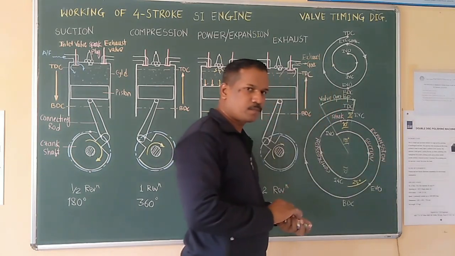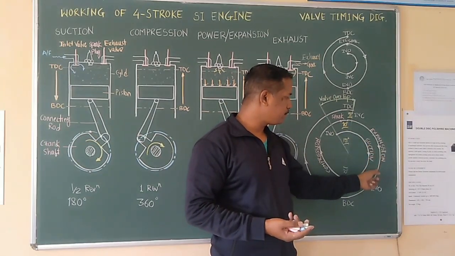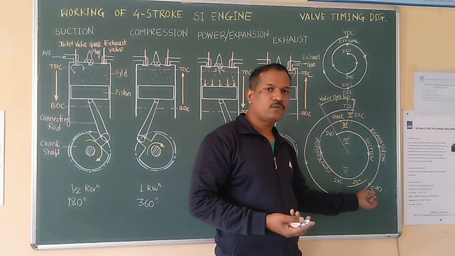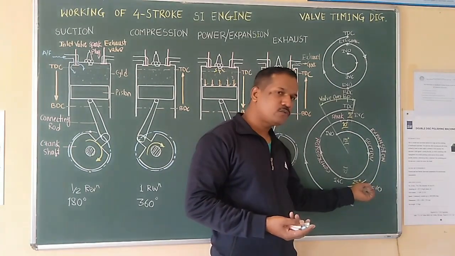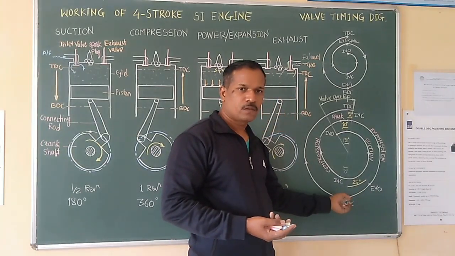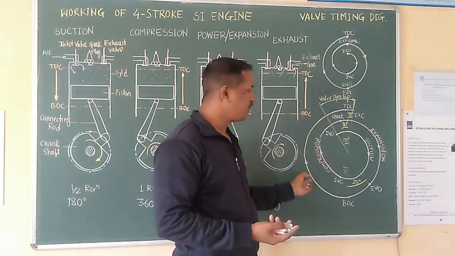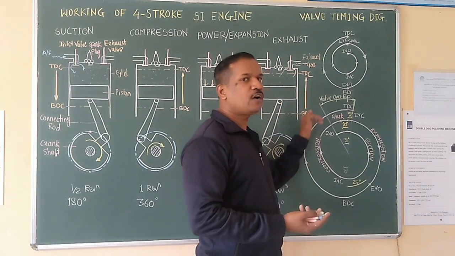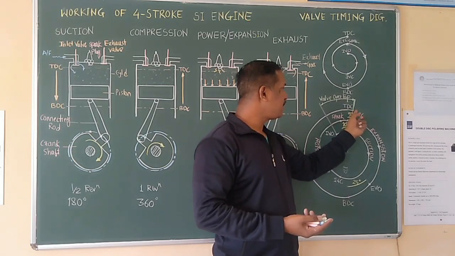Due to expansion of gases, the piston moves from TDC to BDC, but 25 degrees before BDC, the exhaust valve opens, and as soon as it opens, high pressure gases try to move out by their own pressure. The piston is still moving towards BDC, and when the piston moves from BDC to TDC, the exhaust gases are pushed out, and our exhaust valve closes 5 degrees after TDC.